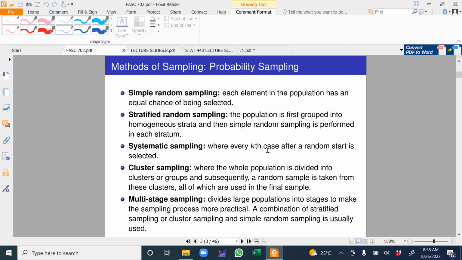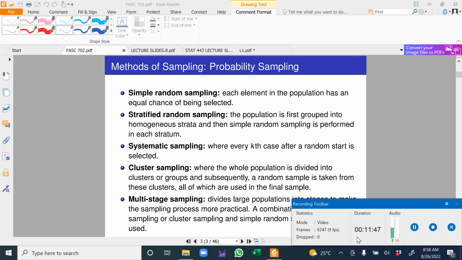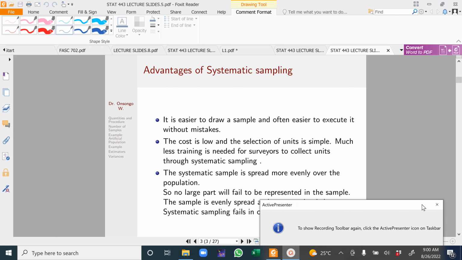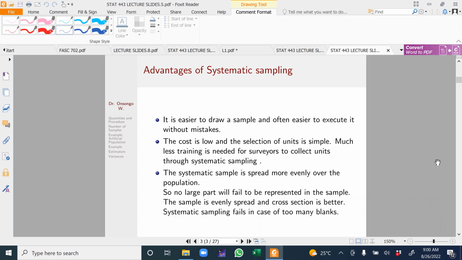This order could be maybe smallest to largest, in all those sizes. So you arrange them in the order, and then you can identify how you want to start selecting your sample. So for systematic sampling, your population units have to be arranged in some chronological order.